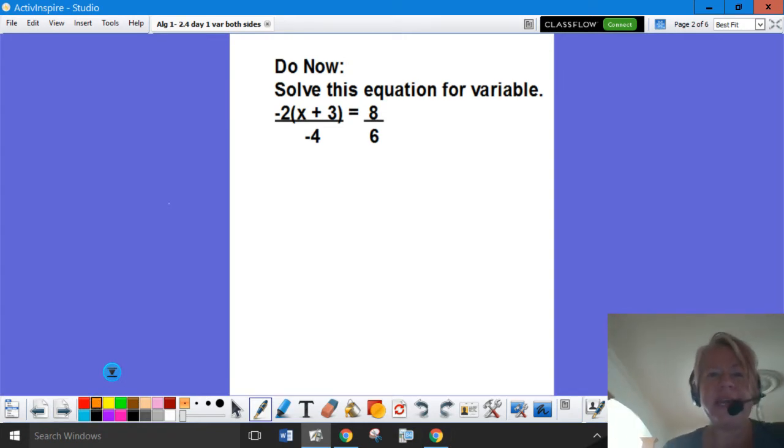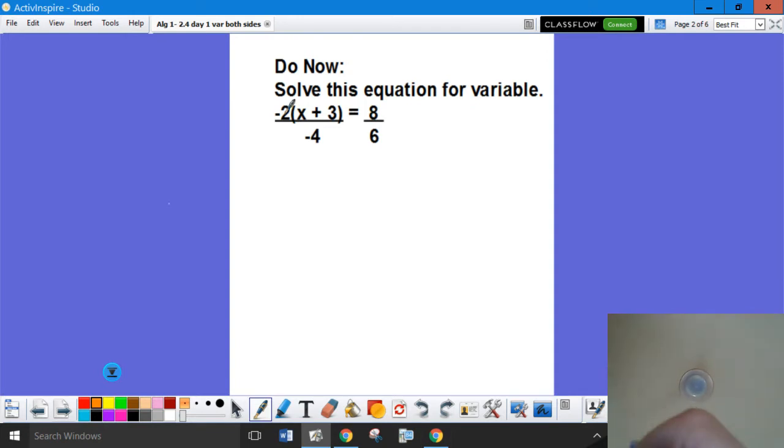All right, so let's see how we do this. If I go ahead and distribute, I have a negative 2x, a negative 6, that's over 4 is equal to 8 and 6. Okay, so there's a couple different ways we can do this. And I think we should think about what is happening to x.